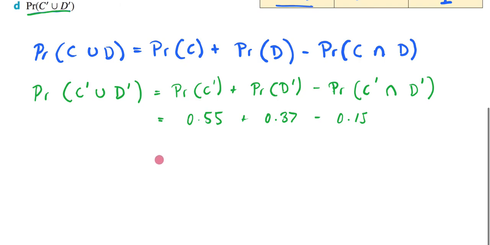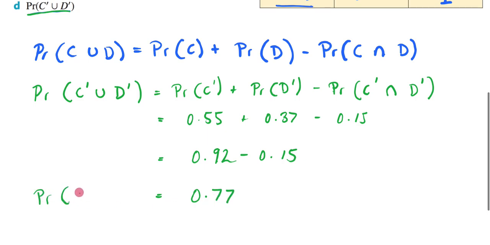So therefore, I could say that 0.55 plus 0.37 is going to be equal to 0.92 minus 0.15, which is going to be equal to 0.77. So therefore, the probability of the complement of C union the complement of D is going to be equal to 0.77.